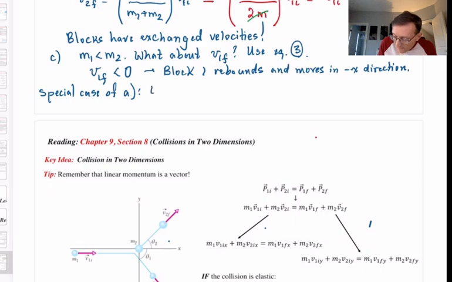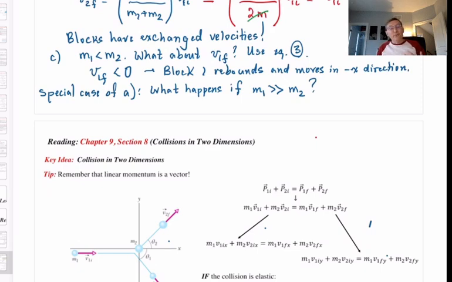What happens if M1, mass of the incoming particle, particle 1, is not just bigger than M2, it's much bigger than M2? It's not just greater than M2, it's much greater than M2. The way we denote that in physics, how do you like that? Two greater than signs. So I want M1 to be much greater than M2. What happens in that case?